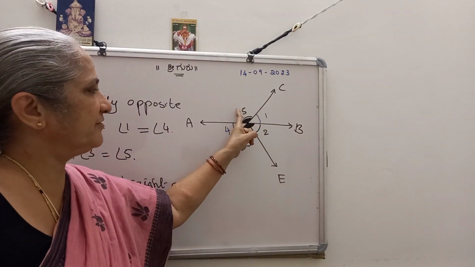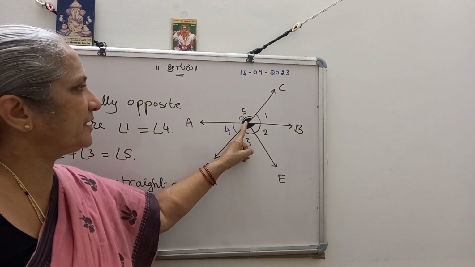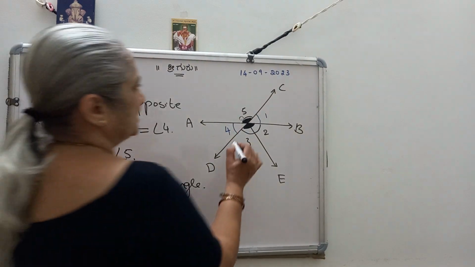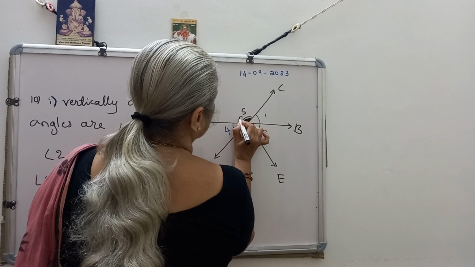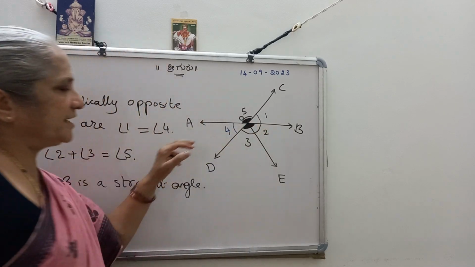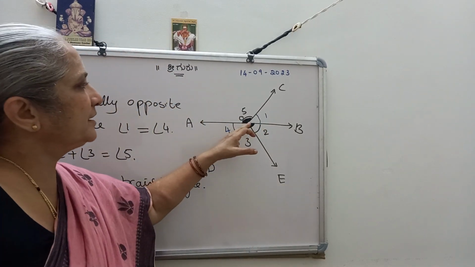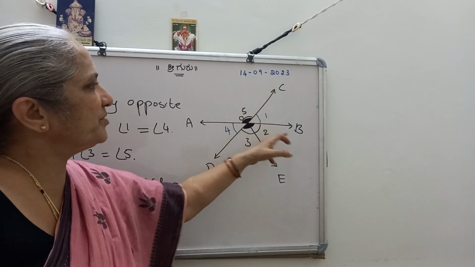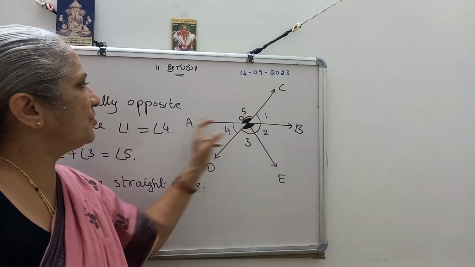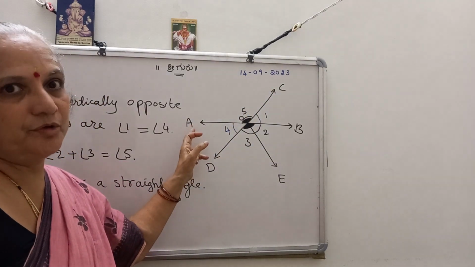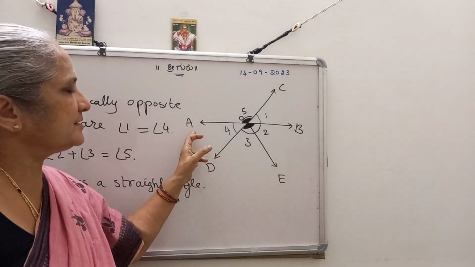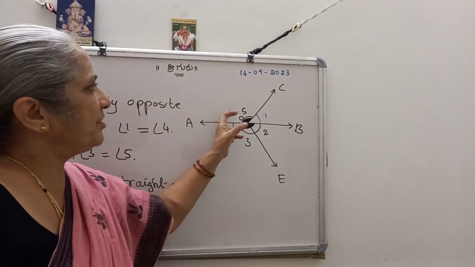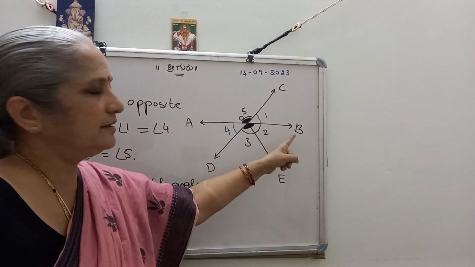Angle 1 and angle 5 are formed at the vertex O, and they share a common arm OC. COB and COA are two adjacent angles, and if you add them, you are going to get 180 degrees.